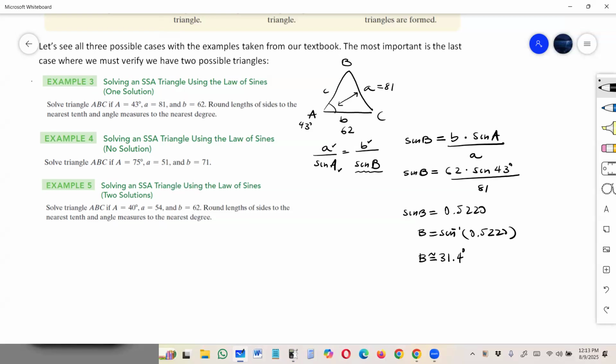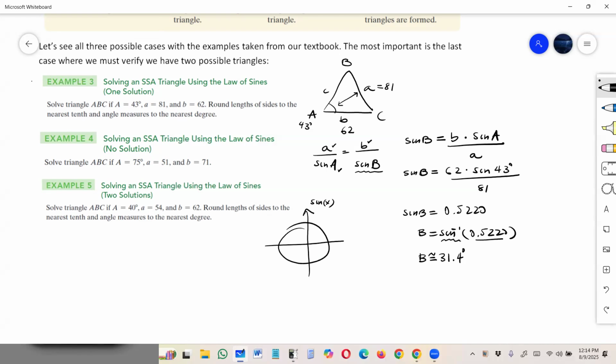All right, now here is the thing that you have to be aware of. I have two possible answers whose sine is this value. This is the sine axis, sine x.